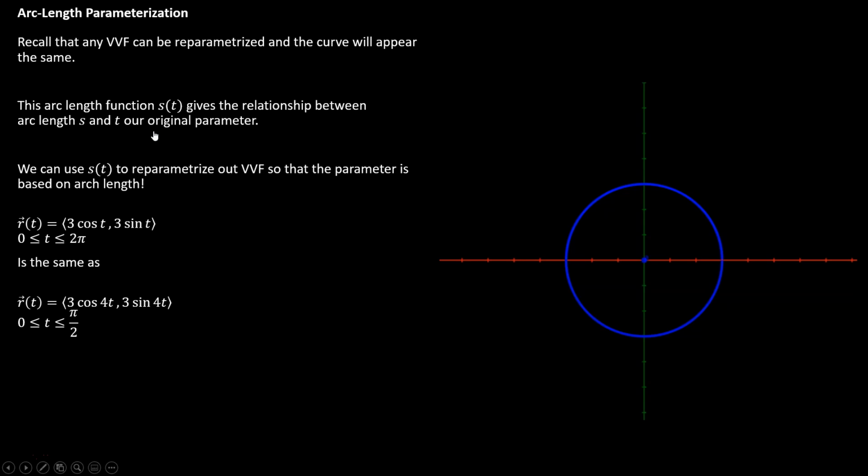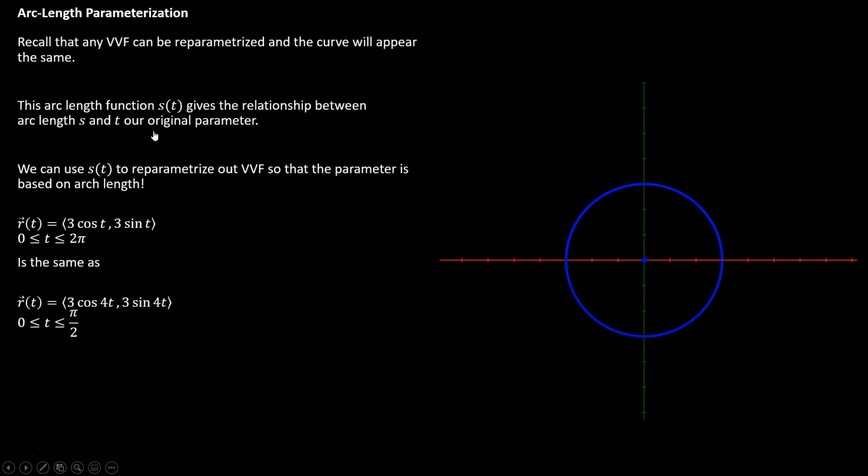That means we can find this s of t function, and we can use it to then plug back into our VVF so that now the parameter s is related to exactly how long the curve is starting from that initial point.